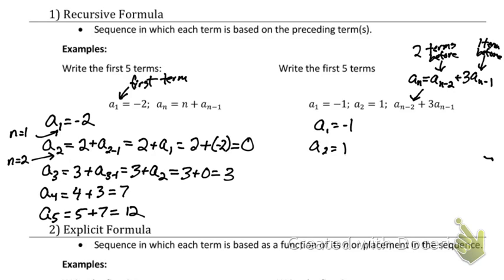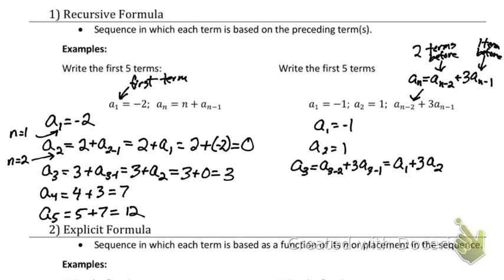Well, let's just do the math behind it. So a sub 3, just like Liv said, we'd have to replace all our n's with it. So that'd be a sub 3 minus 2 plus 3 times a sub 3 minus 1. Well, that's going to be a sub 1 plus 3 times a sub 2.